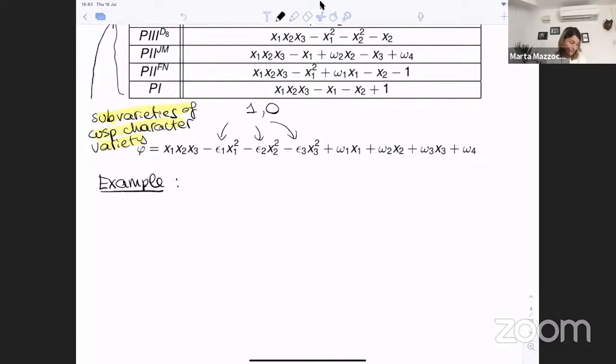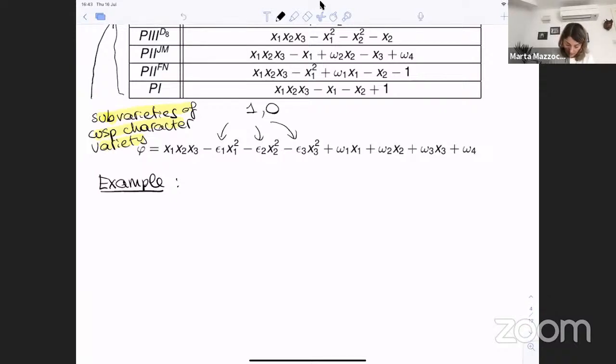So the basic example is that we imagine that we are dealing with a linear system of differential equations in which there are higher order singularities.